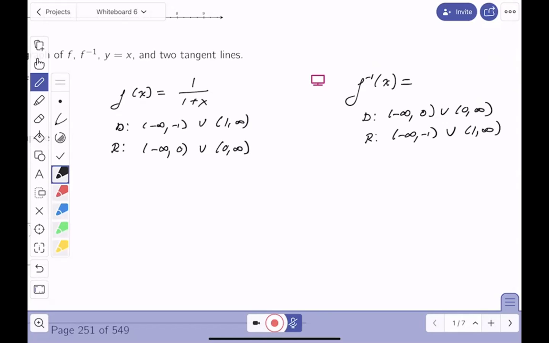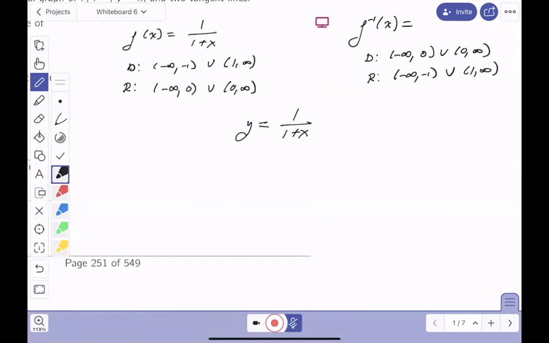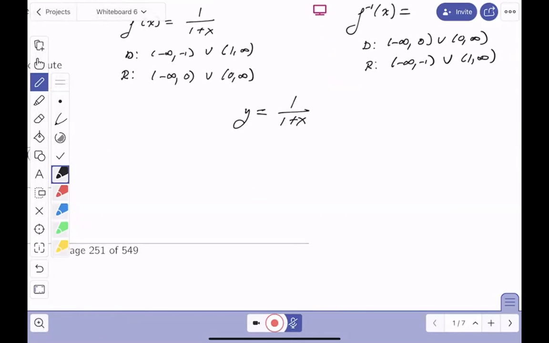All right, then what did they tell you to do? They told you to find f inverse. The way we're going to do that is change f of x to y. And again, you may need to go back and review what you learned in Math 119. Change the x and y. Y becomes x, x becomes y. And try to solve for y.